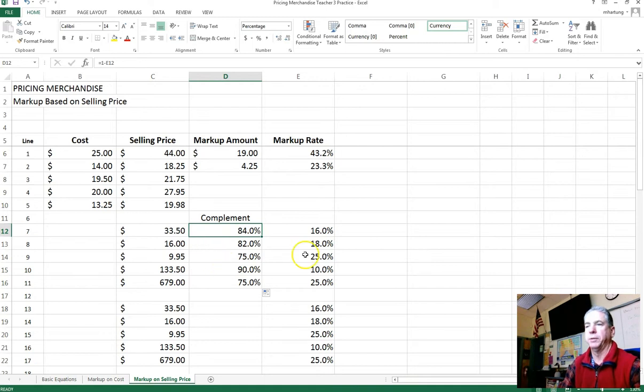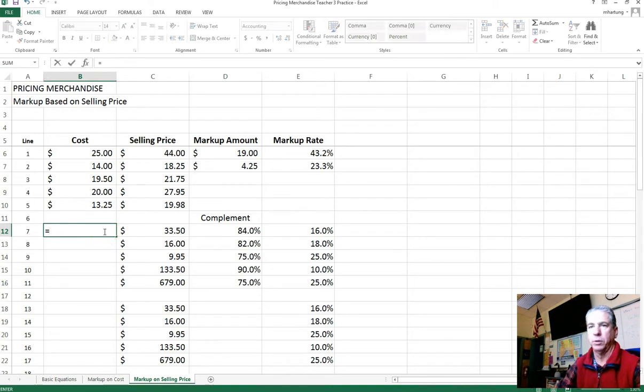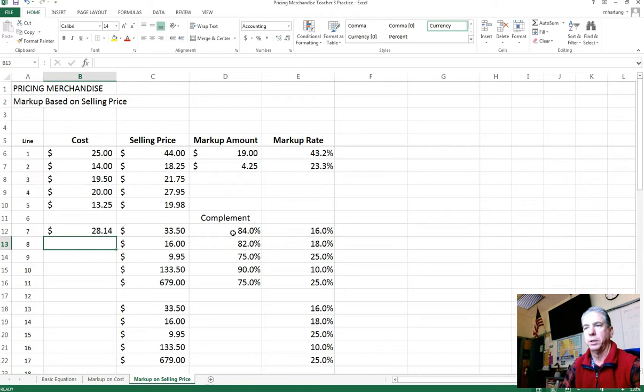So once again, if we want to be making 16% of the selling price, then the cost has to be 84% of the selling price. Let's find out. Equal sign. Selling price times the complement of our markup rate, and there's our cost.